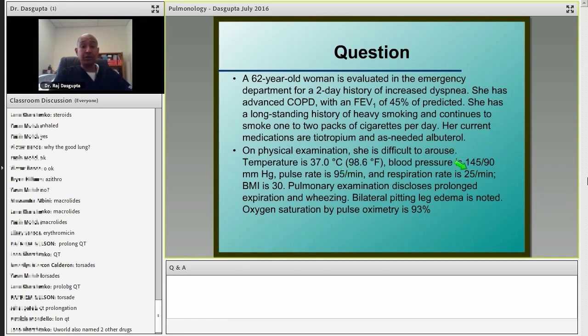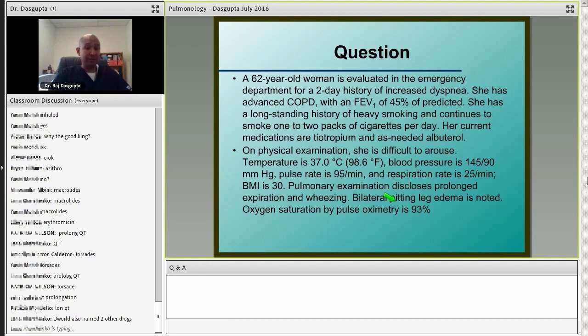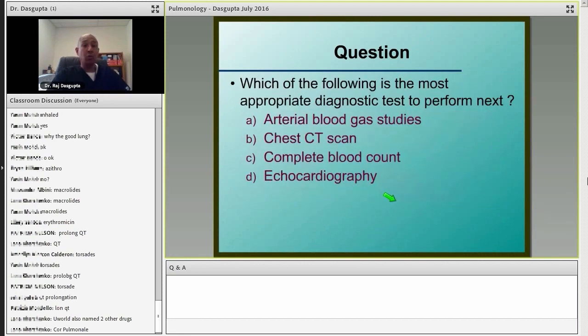Her BMI is 30. Pulmonary exam discloses prolonged expiratory wheezing. There's bilateral pitting edema of the legs, and her O2 sat is 93%. So 62-year-old female, ER, shortness of breath. You see how she's presenting? Question: which of the following is the most appropriate diagnostic test to perform next?